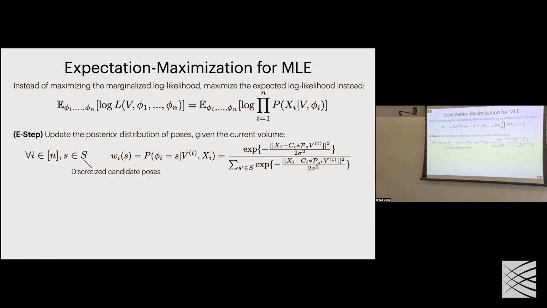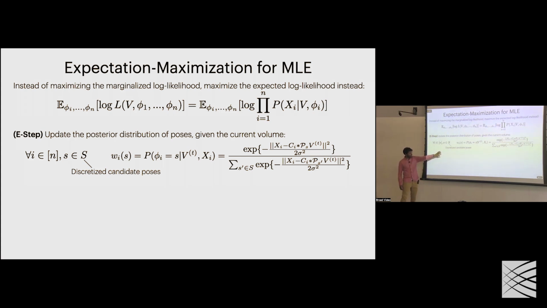In the E step, what we're doing is estimating the likelihood of different poses. First of all, recall that the pose space is continuous, both translations and rotations. In order to make things easier, we're going to discretize it into a set of candidate poses that we want to evaluate.